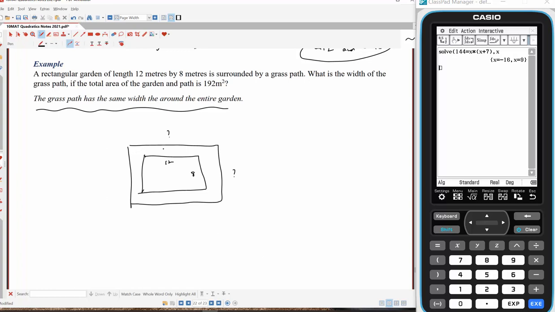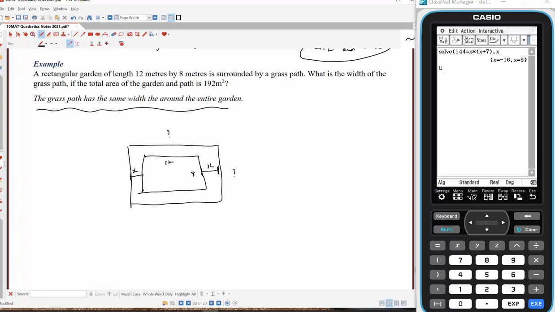So what is this length here? Well, that's going to be x take away, let's not do that. Okay, so you can see, again, I'll probably leave that part in the video there because I'm just having a bit of a guess at this. What I'm going to say is this length here is going to be x, and this length here, because the garden path has the same width around the entire garden, that's also going to be x.